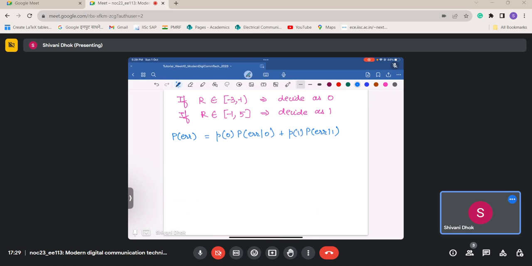Okay, so now let us solve. We know that probability of 0 is 1 by 3, so this comes out to be 1 by 3 into probability of error given 0, plus probability of 1, which is 2 by 3, into probability of error given 1.